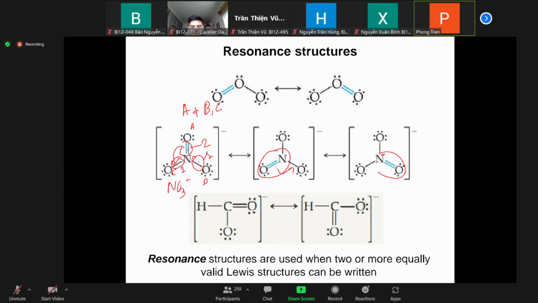Because of this resonance structure, we will not say that the bond order of nitrogen oxygen is 2 plus 1 plus 1 equals 4, divided by 3, 1.3 something. No, we don't say that. Because of this resonance structure, we say that the NO here stands between the single bond and the double bond. So we can say the bond order here is 1.5. You get what I mean?